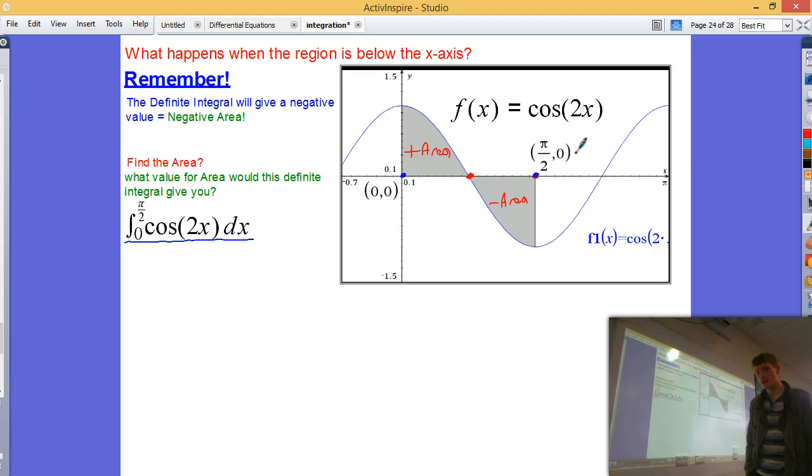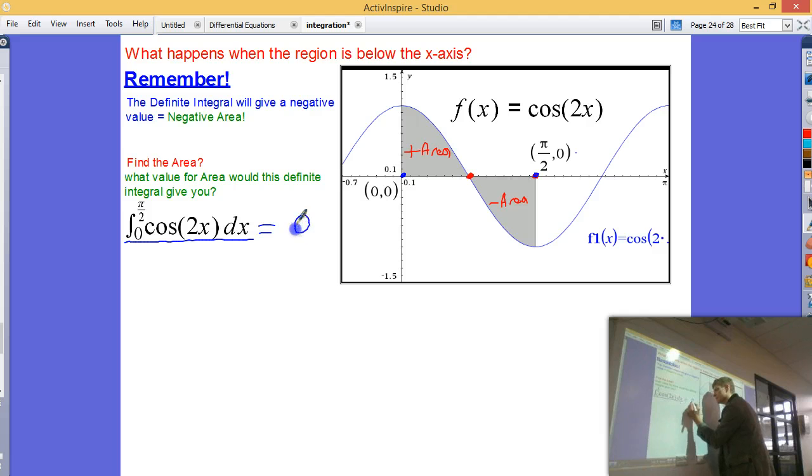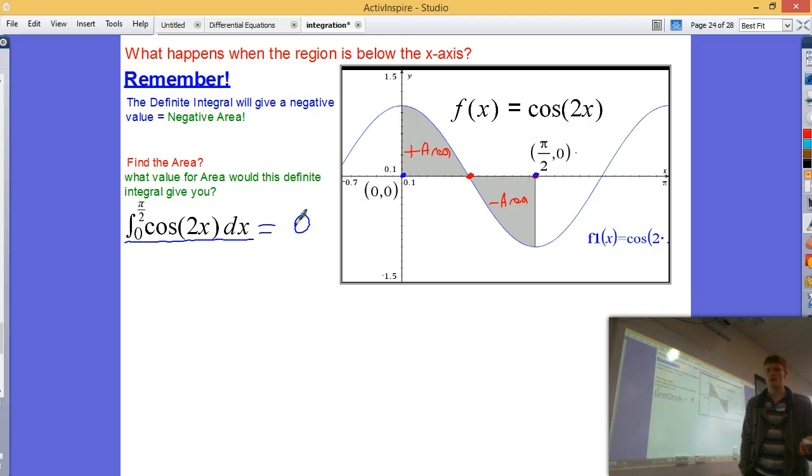What do you think? Yeah? Oh, that's right. It will be 0. How come? Because the negative area is going to cancel out the positive area. Very good. So such a definite integral is not going to give us a total area. We have to split it up.